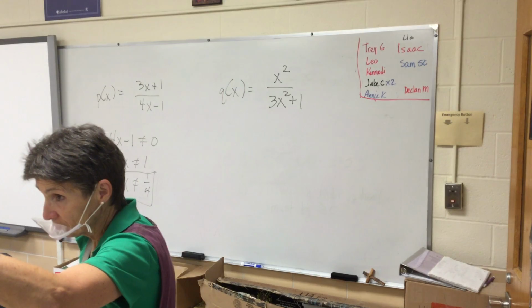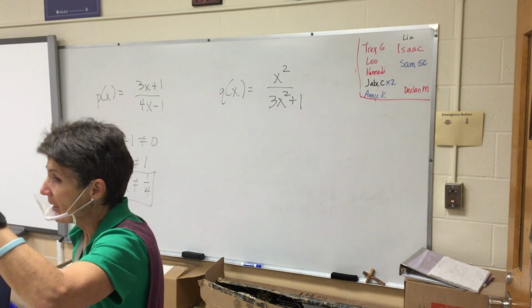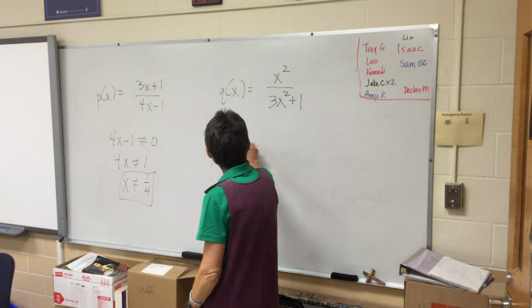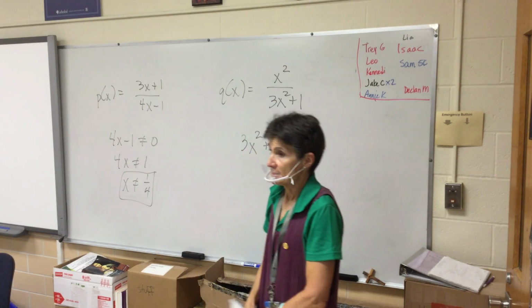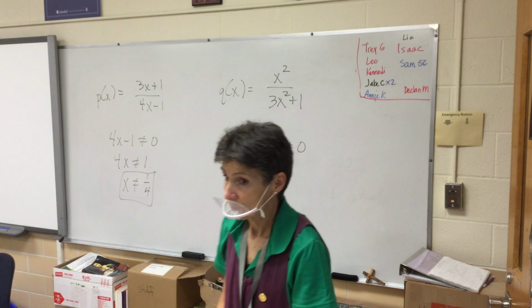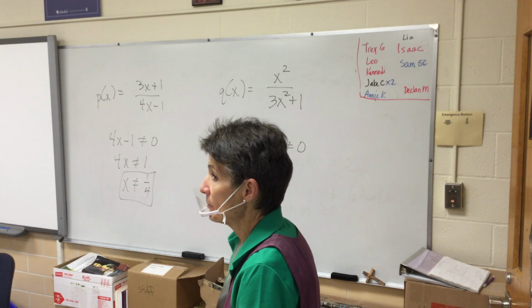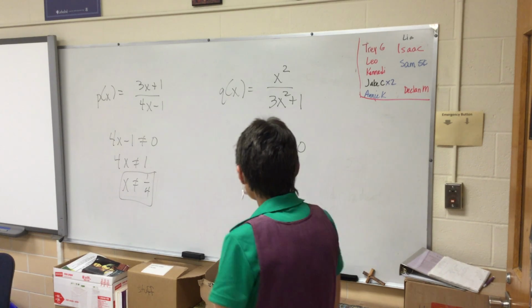A radical, don't have one, and a denominator, I have it. So the rule is, whatever is in the denominator cannot be 0. Okay? So I'm going to subtract 1.